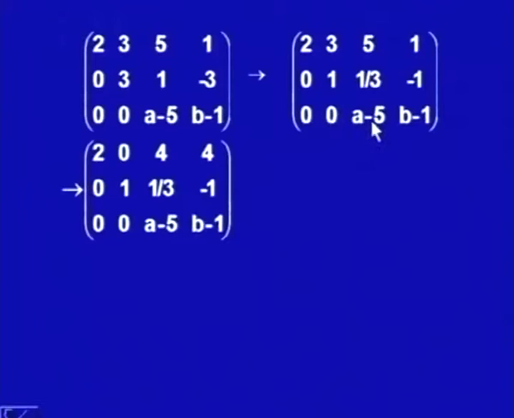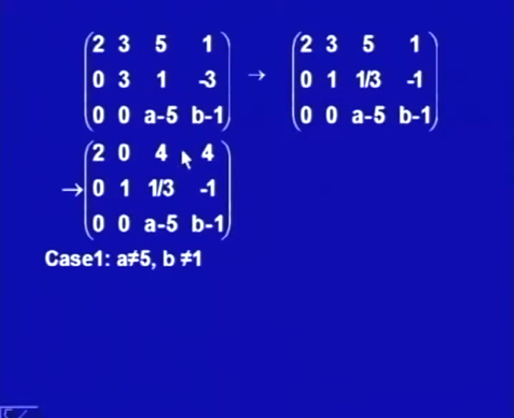Further, if I subtract 3 times this row, then this becomes 0, 3 minus 3 is 0, and this becomes 4, and this element becomes 4, and then one can notice that you can divide this by 1, so this will become an identity matrix.